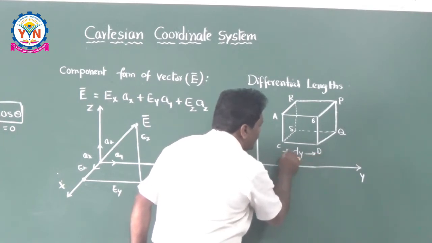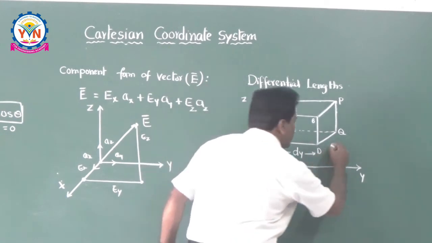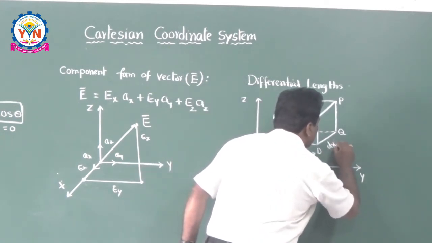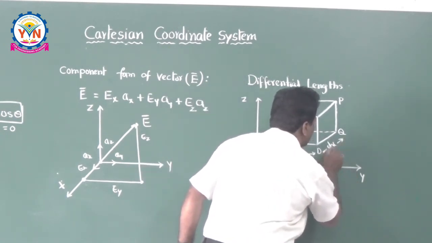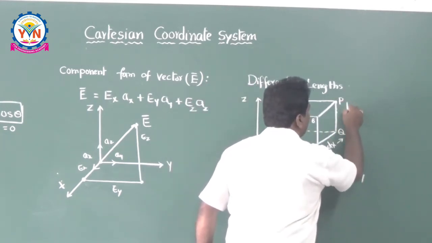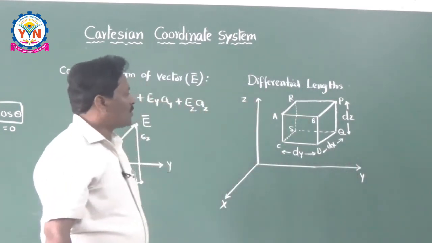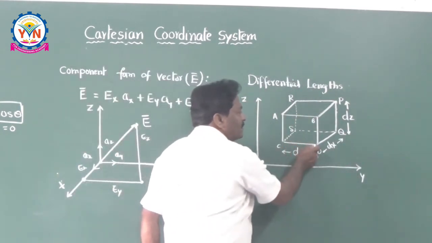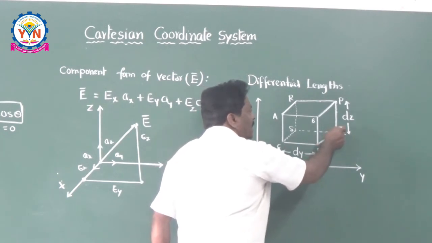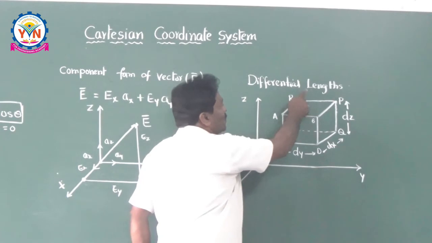And this is in the X direction, so I can say this is dx. And the height is nothing but dz, the Z direction. So in this direction it is dy, in this it is dx, and in this it is dz. So these are the differential lengths.